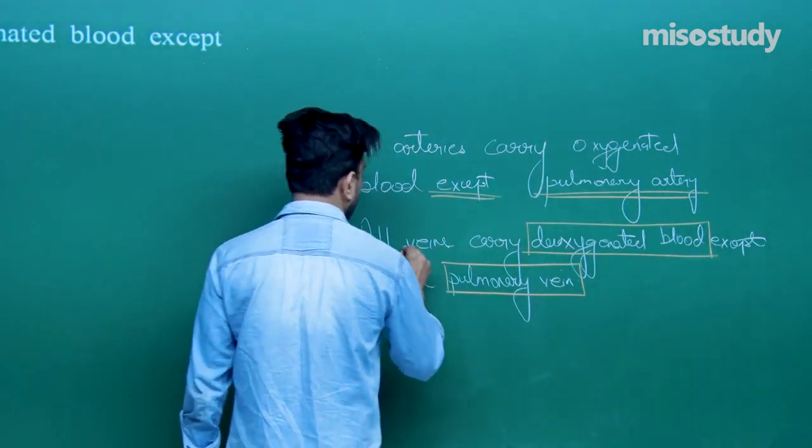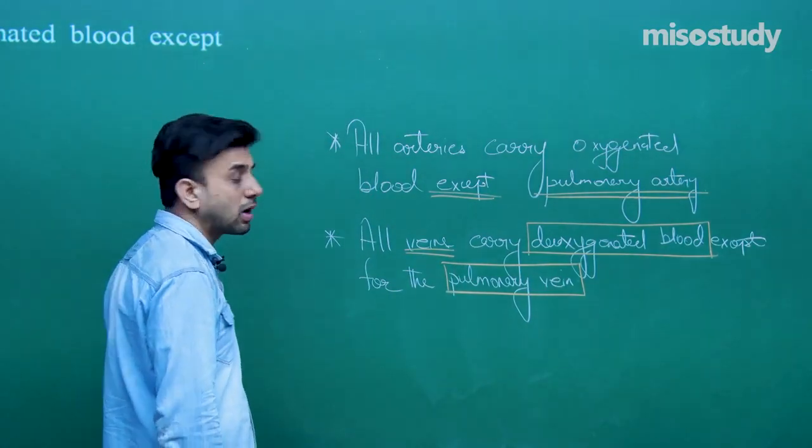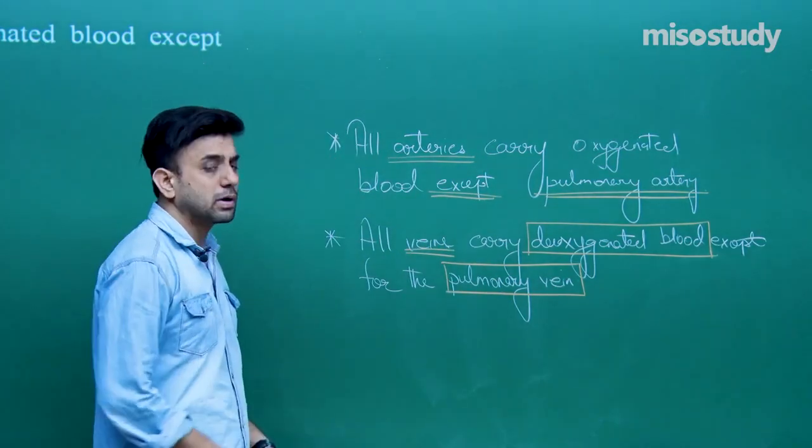So all veins carry deoxygenated blood except for the pulmonary vein, and all arteries will carry oxygenated blood except for the pulmonary artery.